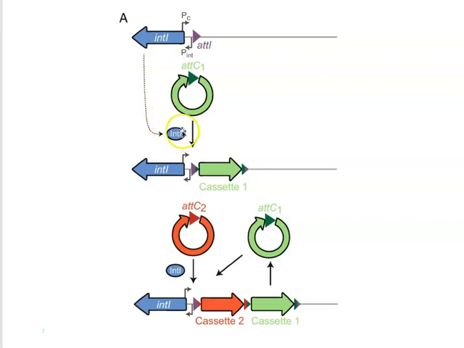And so this enzyme can grab circular DNA cassettes with the attC insertion point here, and insert them downstream of the insertion point that you see here. And so that gives this microbe a new gene, a potentially novel and important gene that can be expressed off of this rightward promoter that's actually embedded in the integrase.